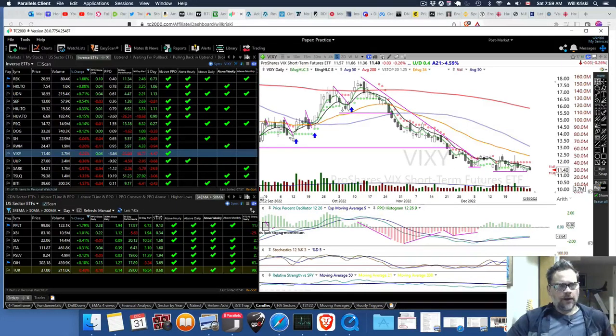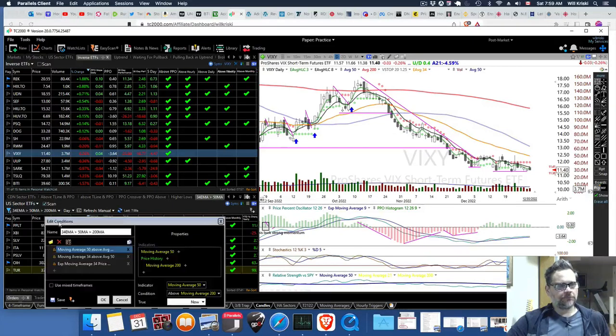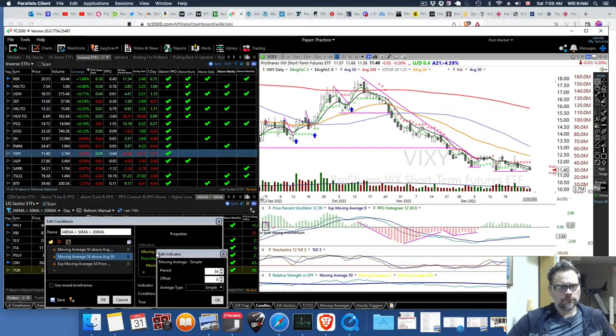So I mentioned that I have a scan that is called 34 EMA greater than 50, and 50 MA is greater than 200. If we click on it, we can see the 34 moving average is greater than the 50. Oops, this isn't the exponential, but I can change this right here to exponential.